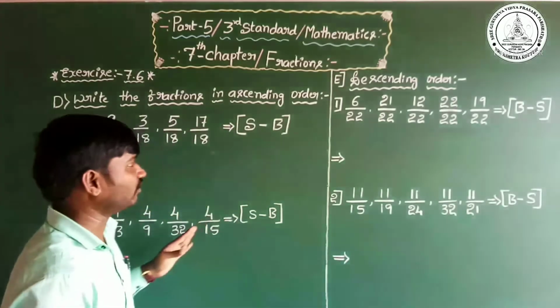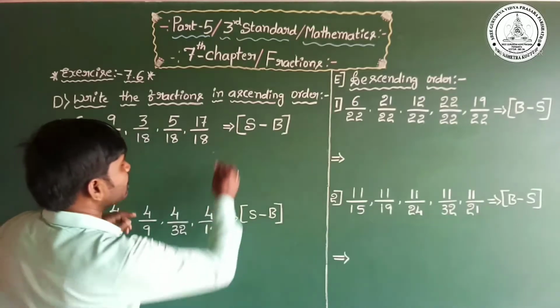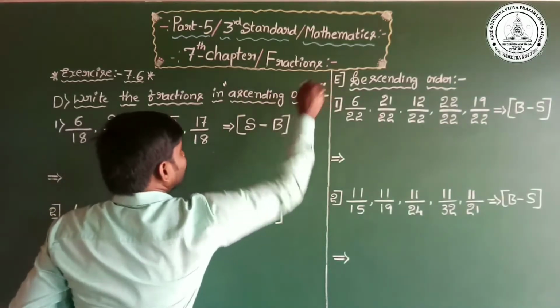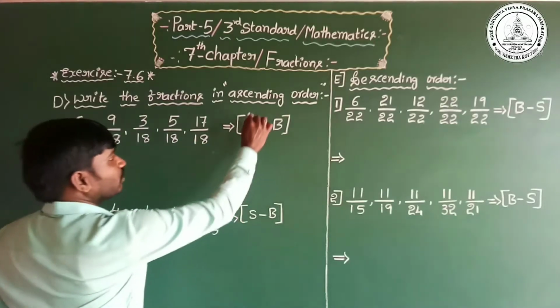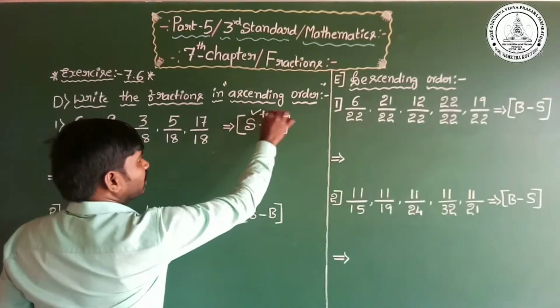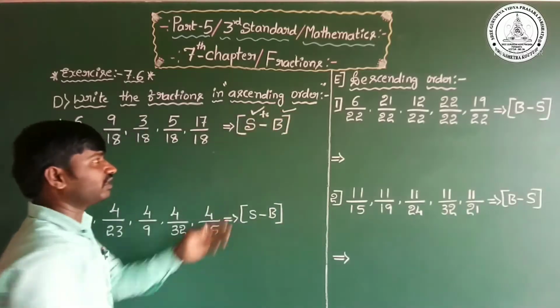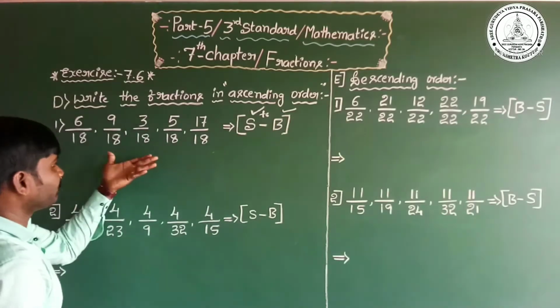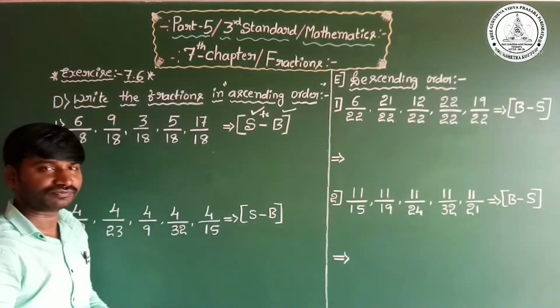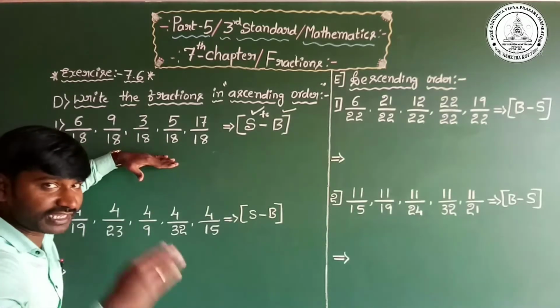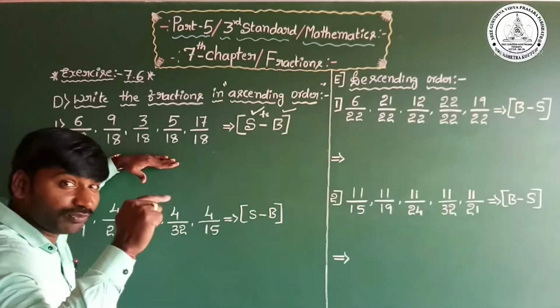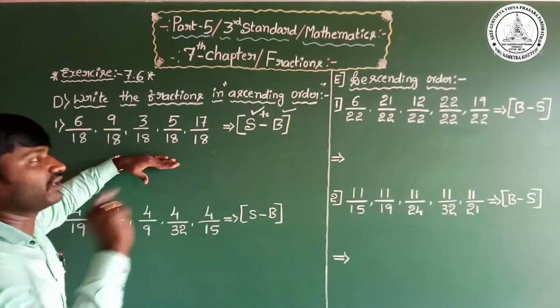So now you arrange, this one is ascending order. When we arrange the fractions in ascending order, you start from smaller to bigger. So in these fractions, which is smaller? You identify that the denominators are the same, so the fraction whose numerator is very small is the smaller fraction.